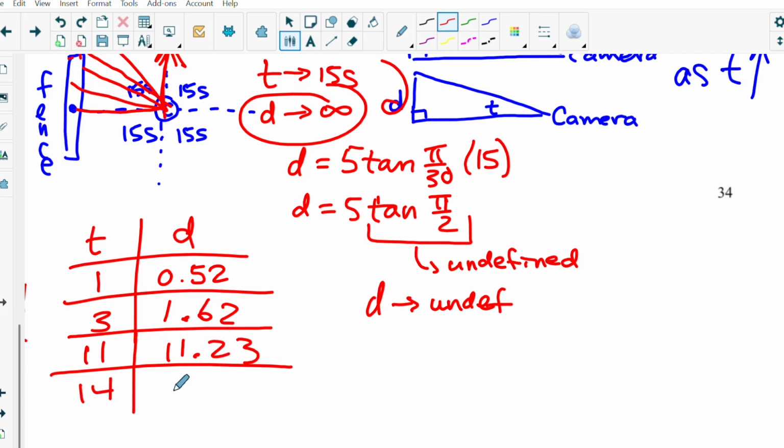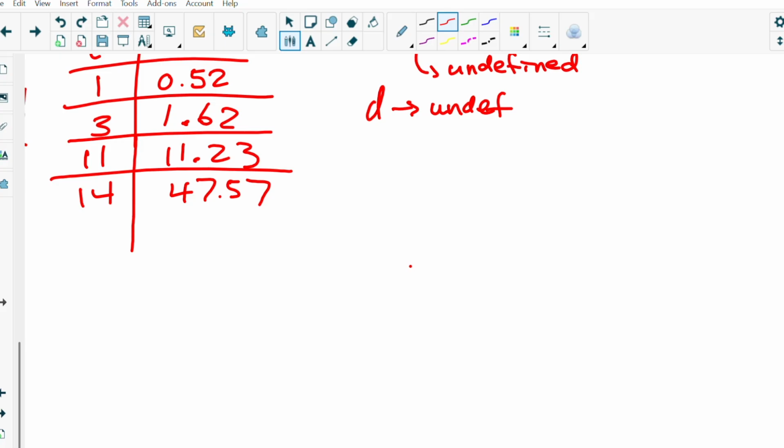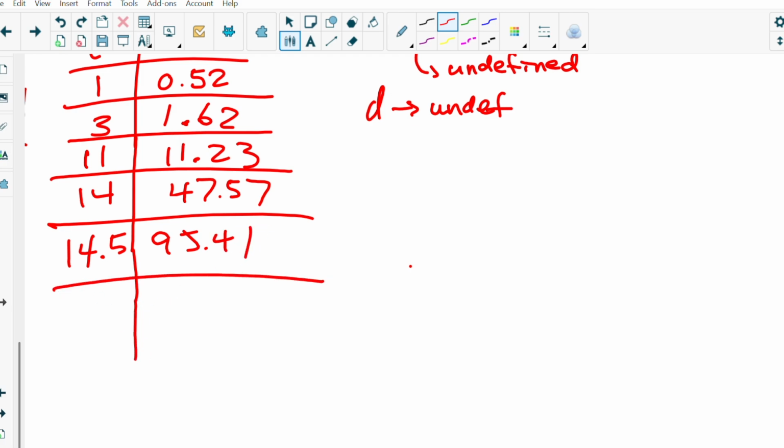At 14 seconds, the distance is 47.57. And then as you get closer and closer to 15, these values skyrocket. At 14.5, 95.41 meters.